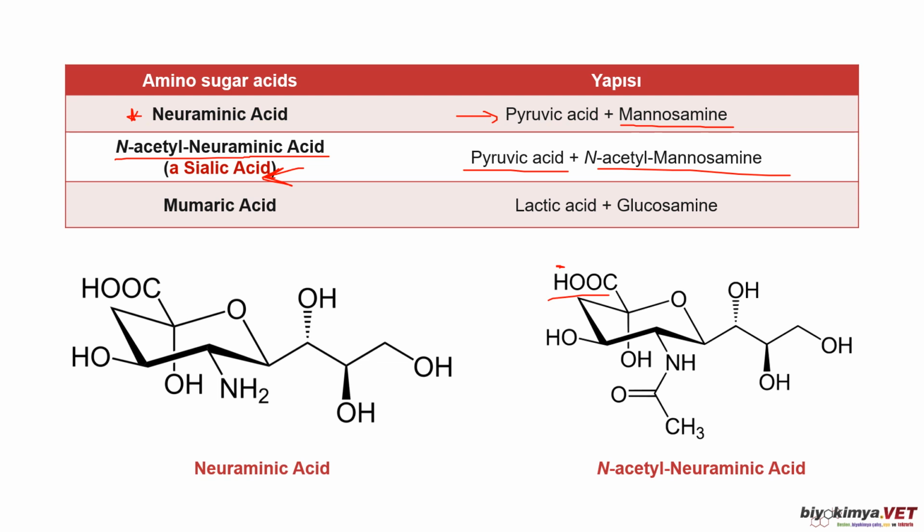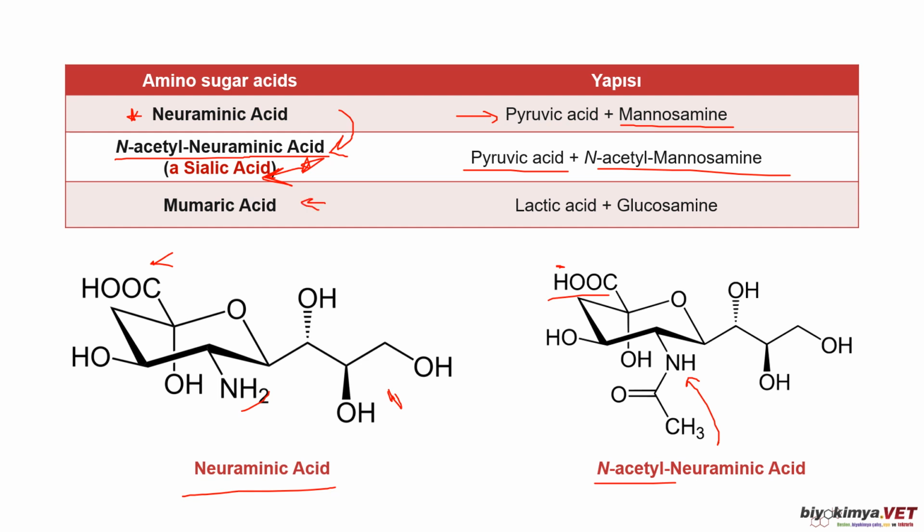So it's very important. Neuraminic acid and its N-acetyl derivative, which is a sialic acid, are so important for organisms. Here is neuraminic acid, as you see, with the pyruvic acid component, the amino group, and the carboxylic acid, a derivative of mannosamine and pyruvic acid. And here the N-acetyl group is attached to the amino group of neuraminic acid.